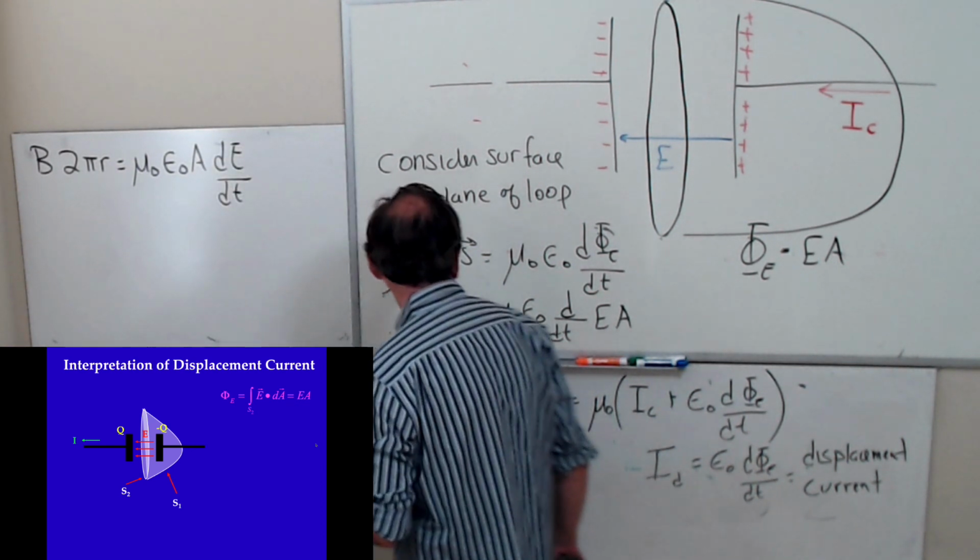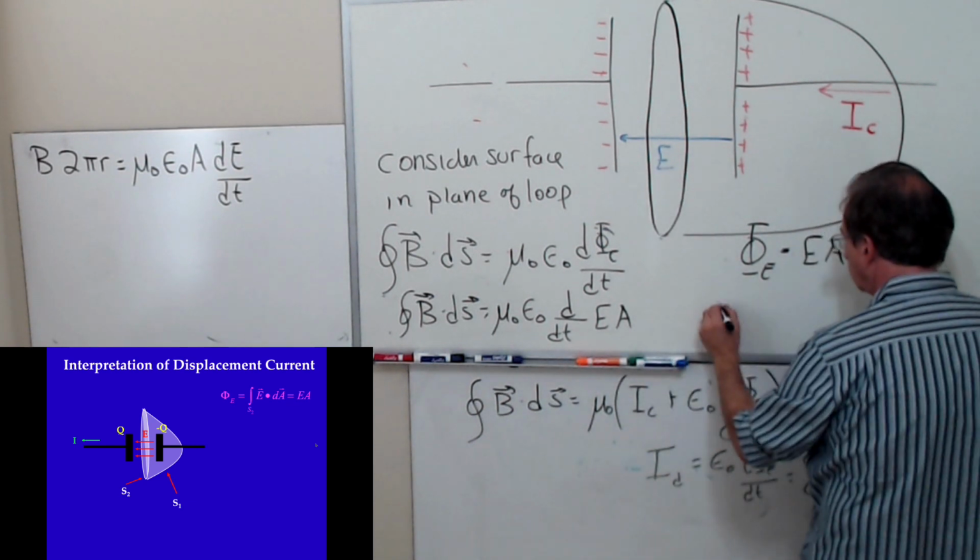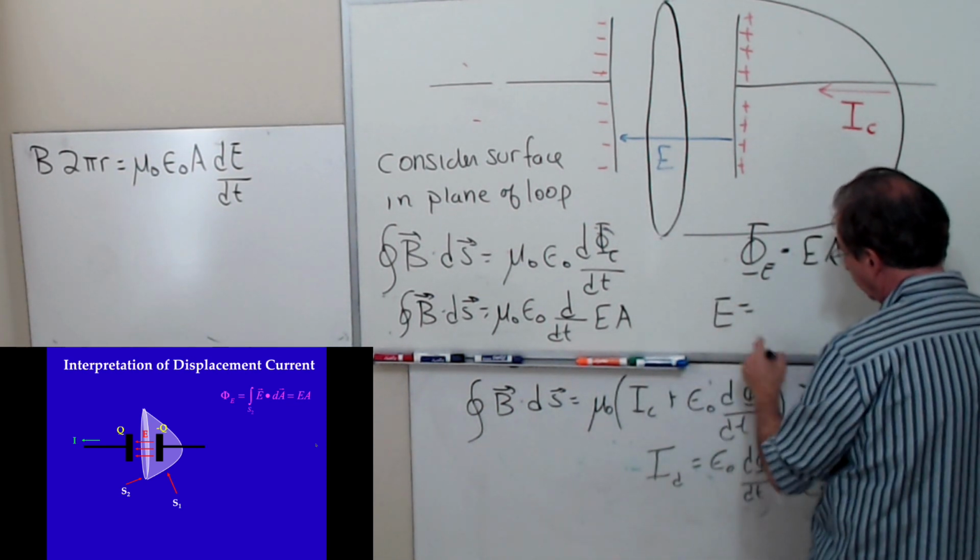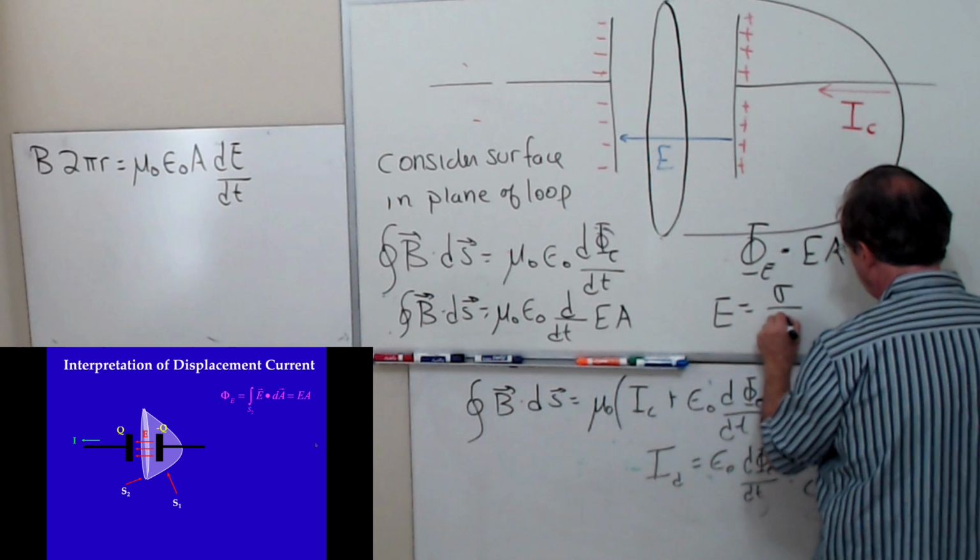What is the electric field between two parallel plates? It is sigma over epsilon naught.